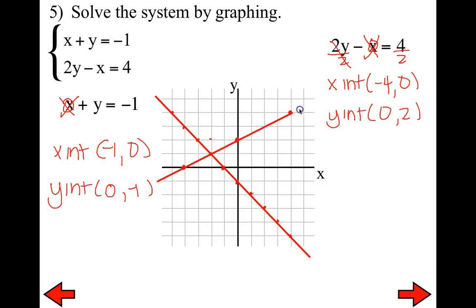Let's try that again. Much better. So here you can see the intersection occurs at -1. Sorry, that's wrong. -2, comma 1, which is the same exact solution from the previous slide that we did. We just used slope-intercept form instead of graphing the x and y intercepts.